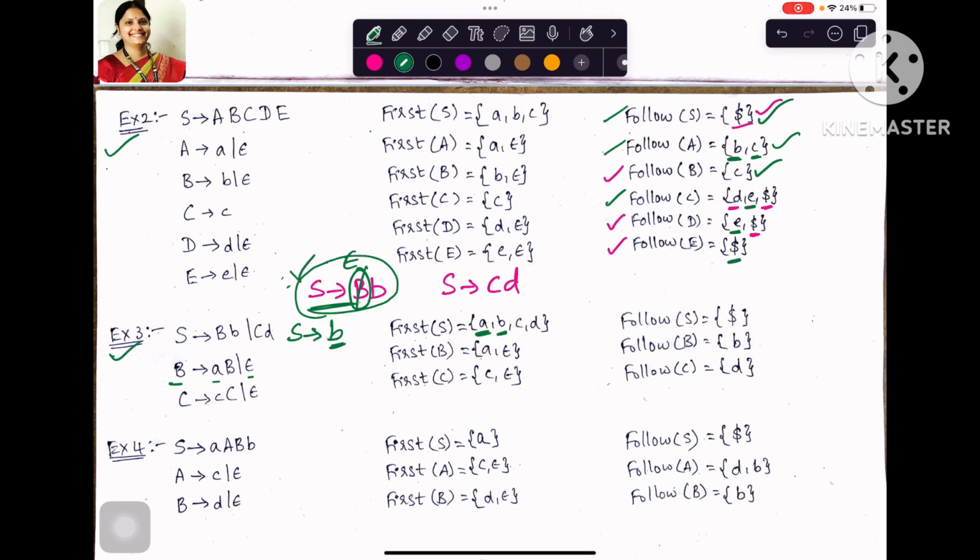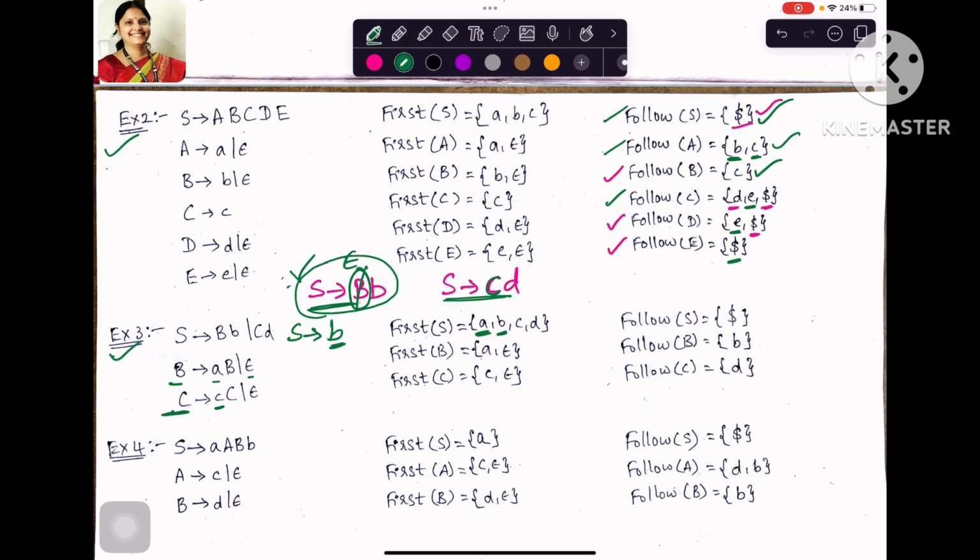And the next production of S is S produces CD. So the first of S is C. C is a non-terminal. We should not directly place it in the result. We have to find out C in the left hand side of the production. So here we find out the C production, that is C produces CC slash epsilon. So this is the first symbol present immediately in the right hand side of the production.